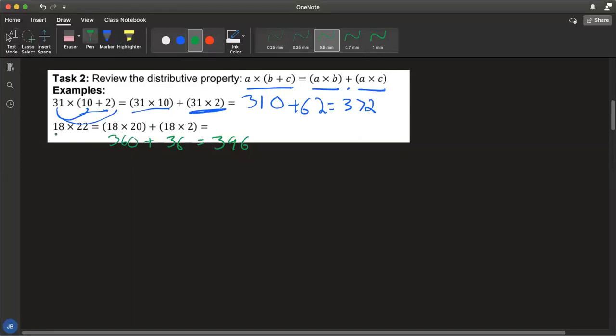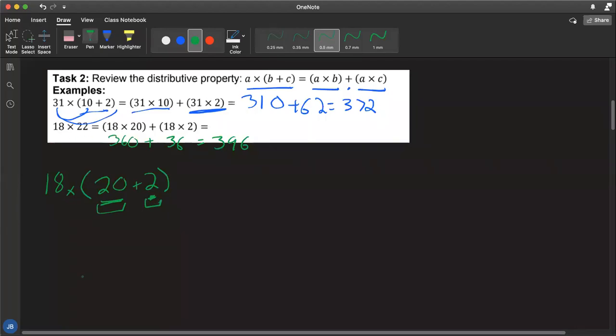So instead of doing 18 times 22, we took 18 and then did times 20 plus 2. Because this is a power of 10, correct? And this is a single digit, so it makes it a little bit easier to multiply 18 by a power of 10 and 18 by a single digit versus 18 times 22.